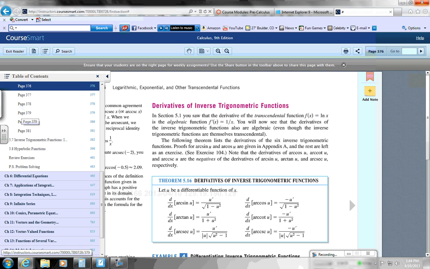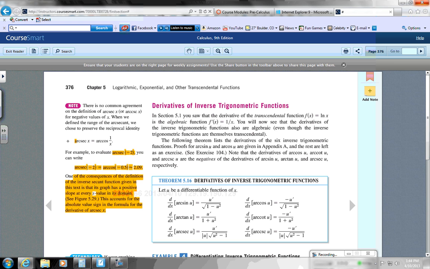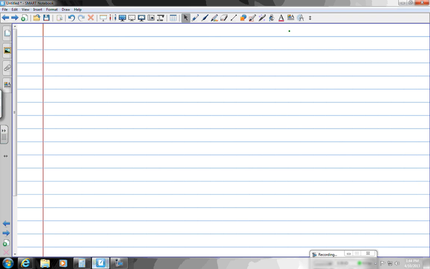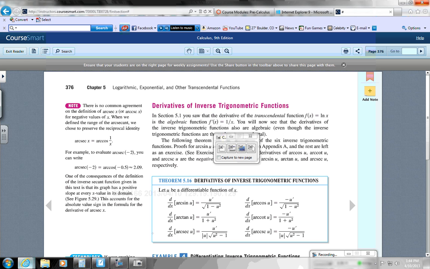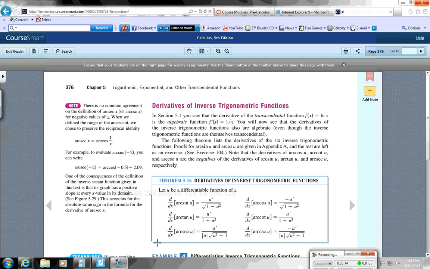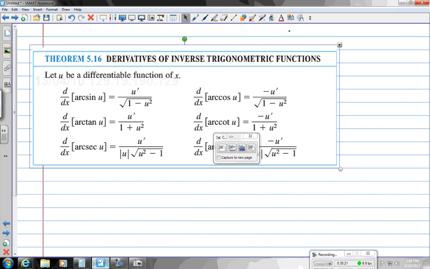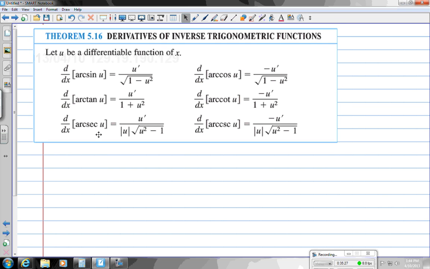So we derived those. Not all of them, but we derived arc sine, arc cosine, and arc tangent.